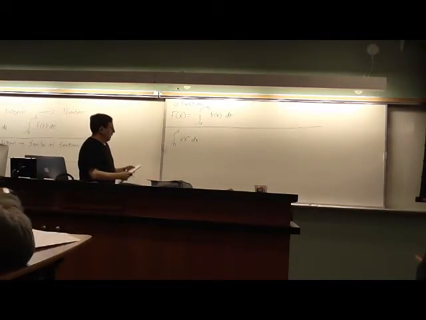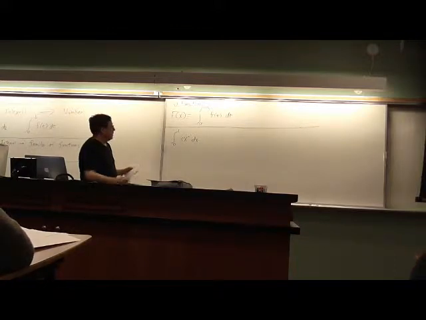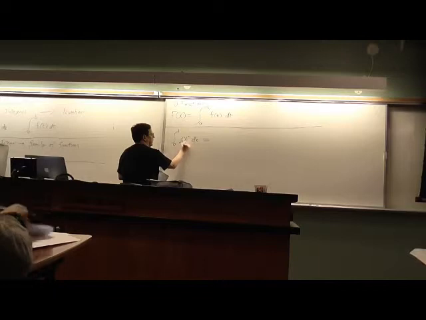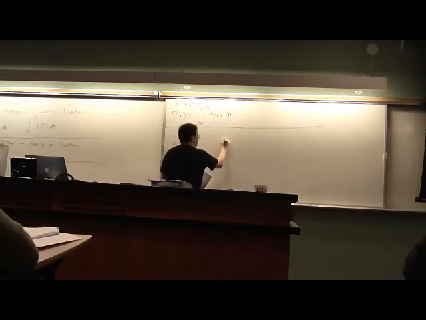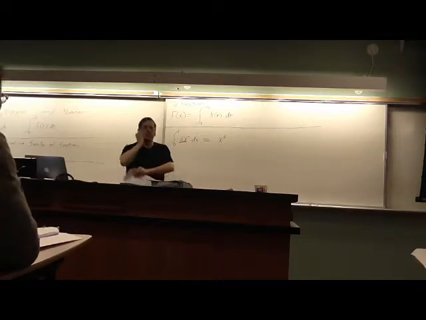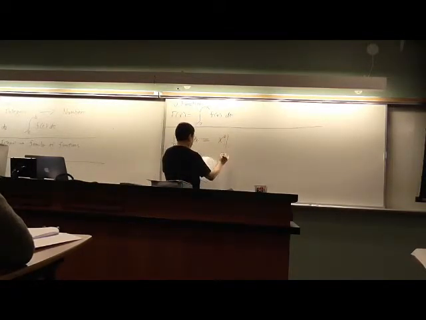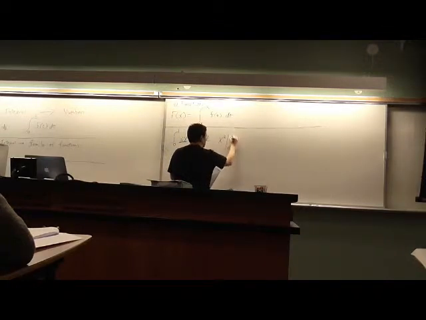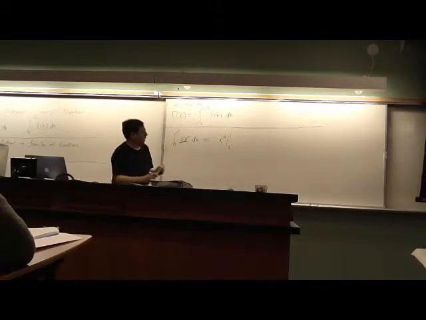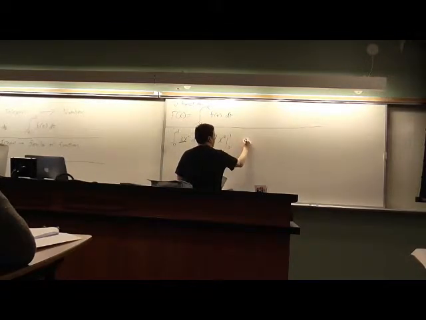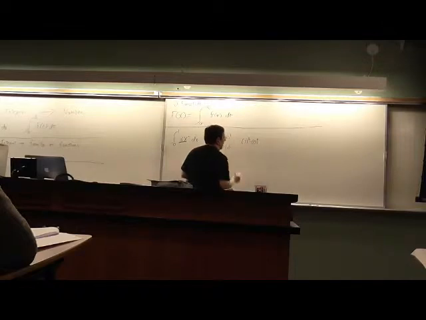I suggested that we might solve this by finding the antiderivative, which is x cubed, and putting it in this notation, which means we take 1 cubed minus 0 cubed.